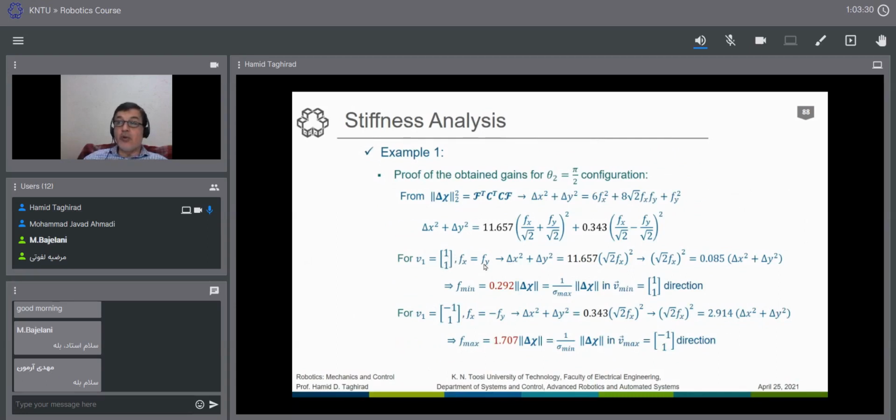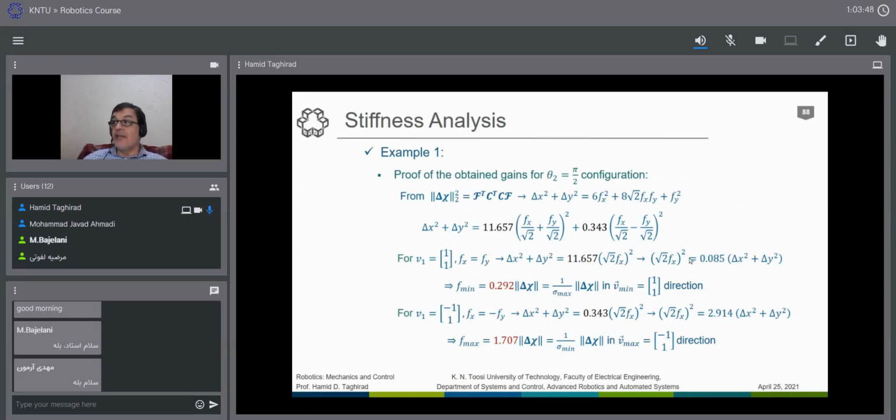Fx is equal to Fy. Then this part would be 0, and the relation between delta x and delta f comes with this value, 11.6, and this is square root of 2 because both of them are equal to each other. This comes here.